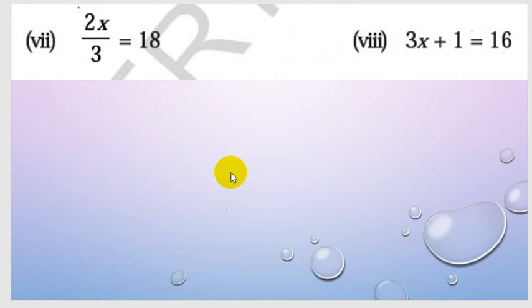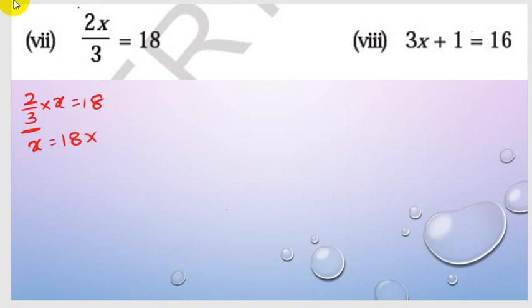Next, 2x by 3 is equal to 18. So we need to find out the value of x where 2x by 3 is equal to 18. This can be done in two ways. The first way is writing it as 2 by 3 into x is equal to 18, right? Now since it is in fraction form, and that too it is being multiplied, when you transpose it becomes reciprocal.